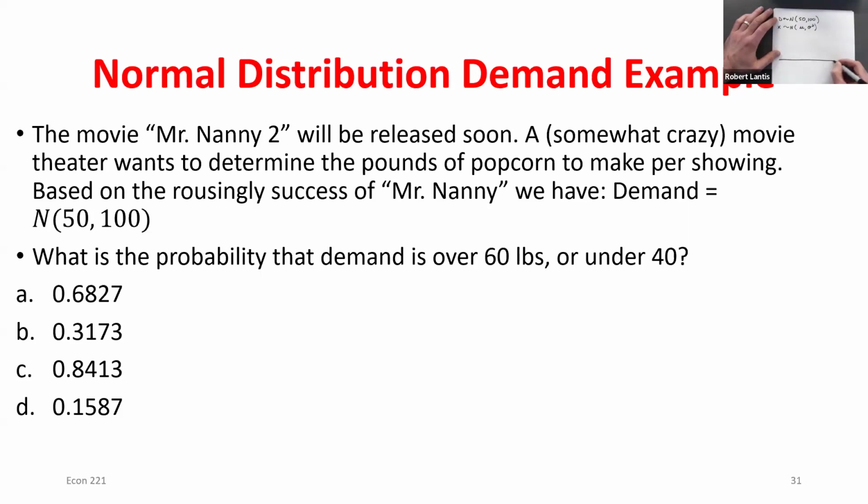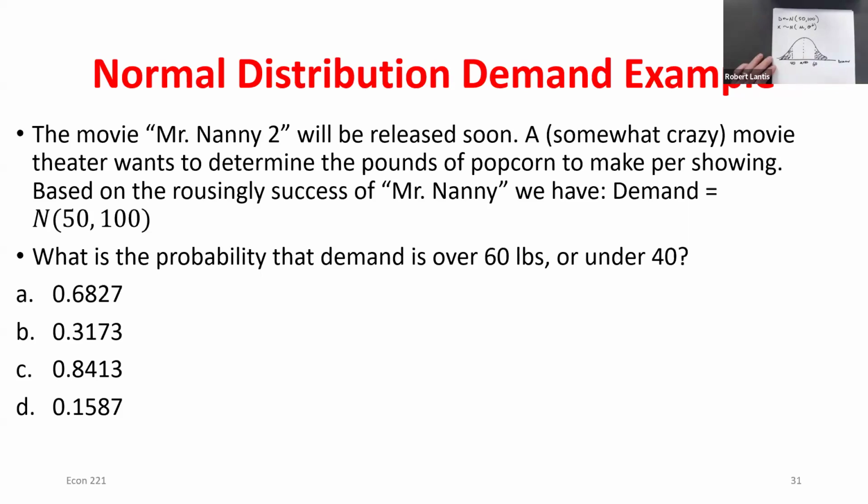So if I were to make popcorn, and we're measuring demand in terms of pounds, what's the likelihood that demand is somewhere below 40 or above 60, and I know that the mean of this normally distributed variable is 50, right? So I'm looking for this area, the probability it's less than 40 or greater than 60.